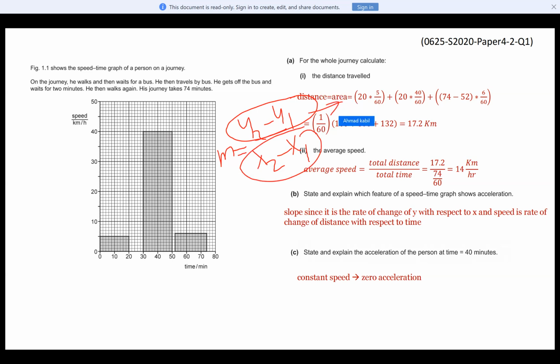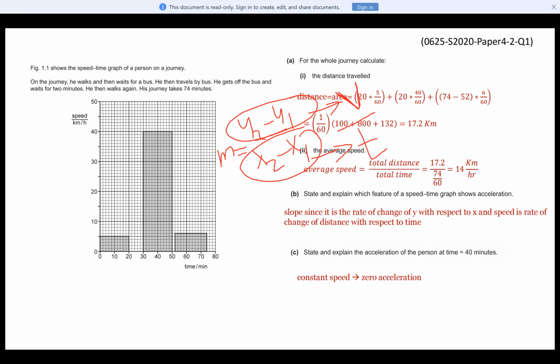Here, the change in y is the change in v. The change in x is the change in t. So therefore, change in v over change in t gives you the change in speed, which is acceleration. So therefore, the slope of a speed time graph is the acceleration.